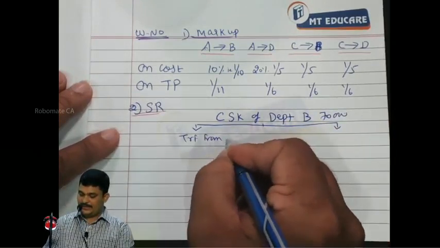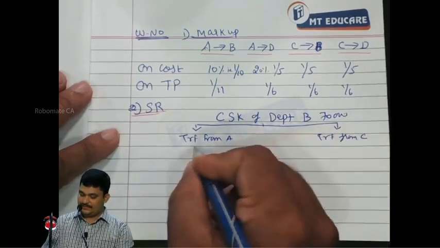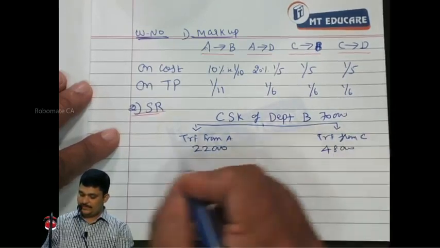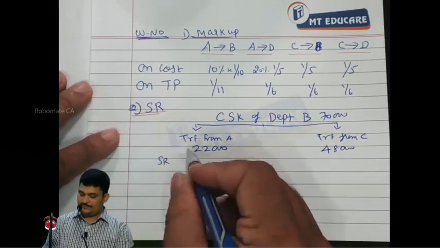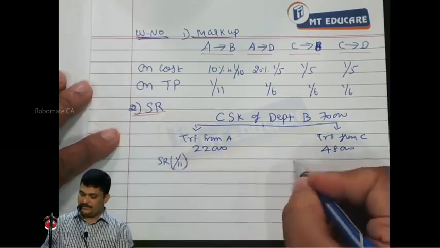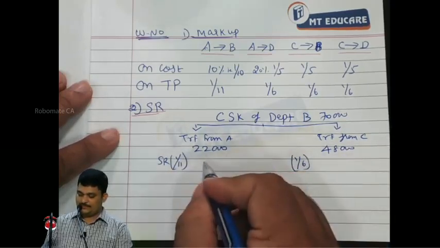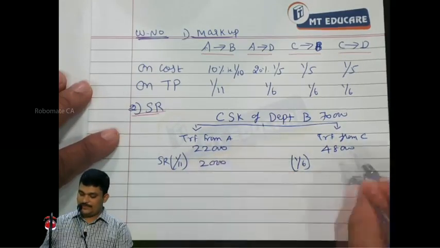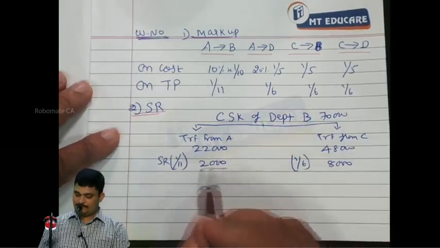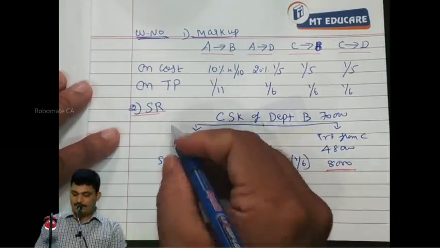Transfer from A, transfer from C: 22,000. Stock reserve, 1 by 11, 1 by 6. How much? 2,000, 8,000. Everybody?